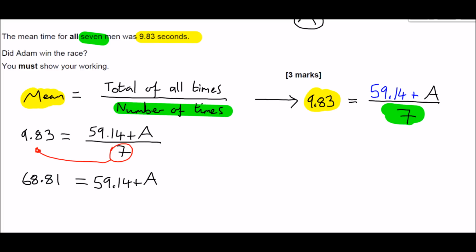But we want to work out what Adam's time is on its own, so we can get rid of this 59.14 again by swapping its side and swapping the sign. In the same way that dividing by 7 became a multiply, this 59.14 we're going to subtract.